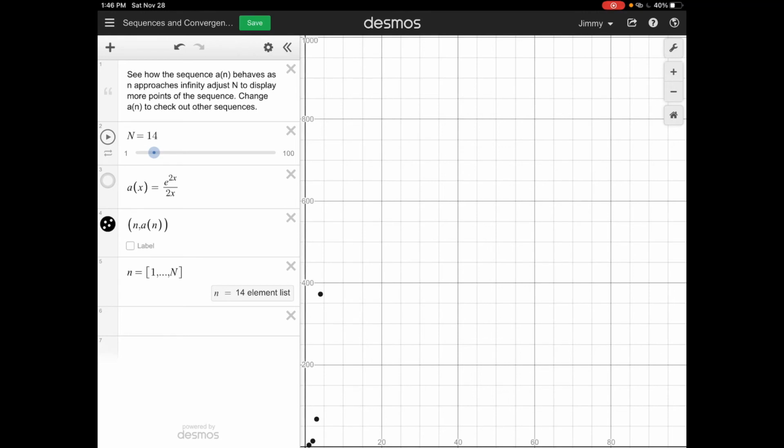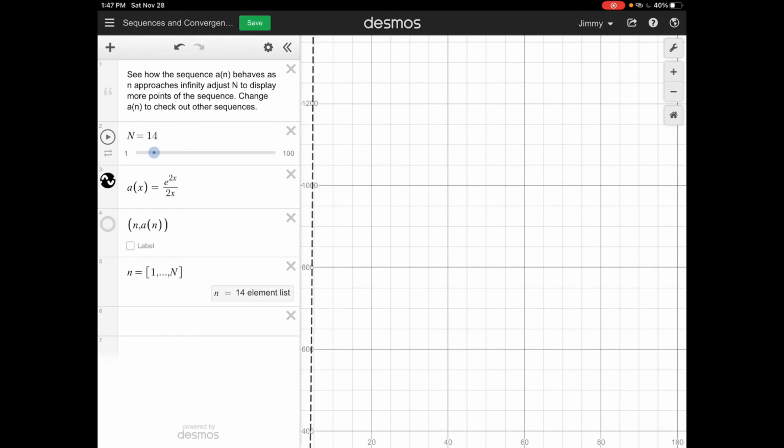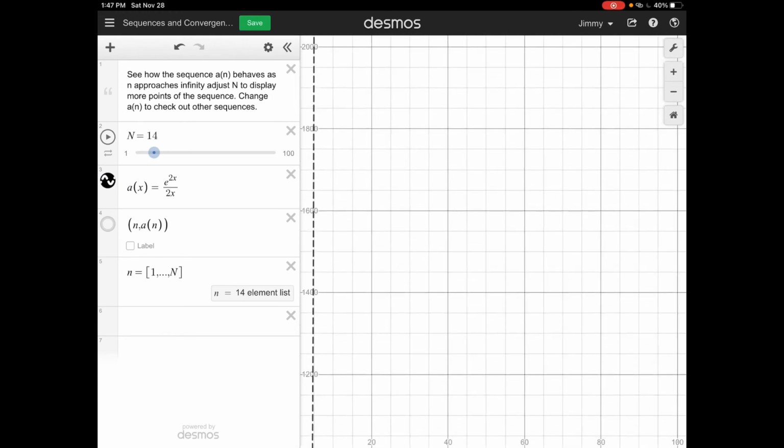And this sequence here is growing so fast, it's not narrowing in on a number. And we want to know if it converges or not. It is not flattening out or narrowing in on a number, so this sequence diverges. And the reason why it diverges is if I look at the graph of the function itself. So we turn off my sequence graph, the actual function here, turn it on, and we're trying to figure out, well, what is happening as I continue to increase the size of n?